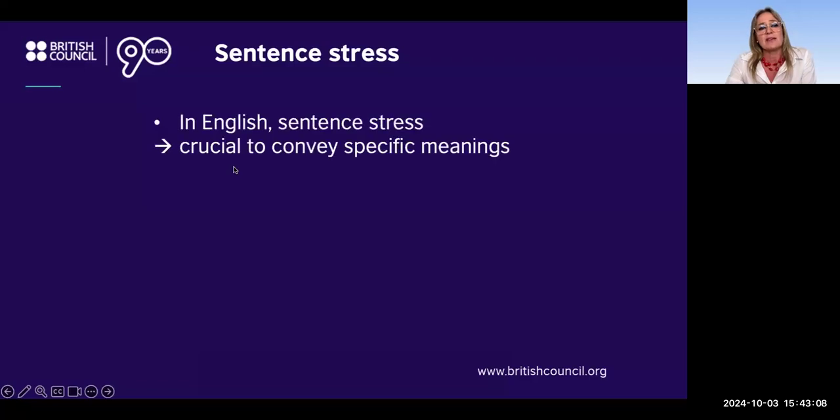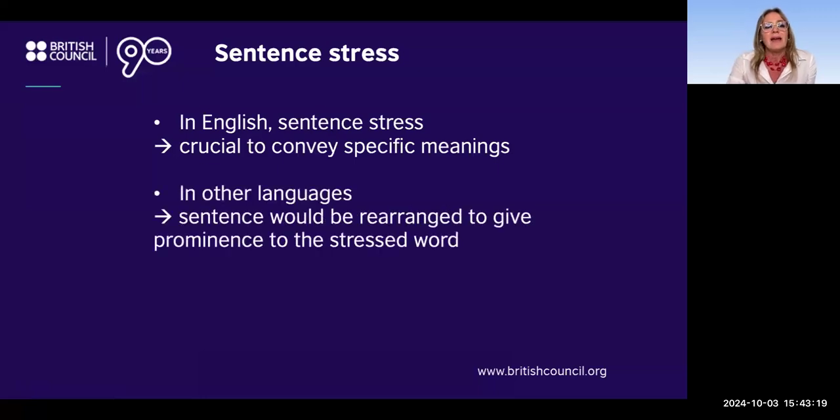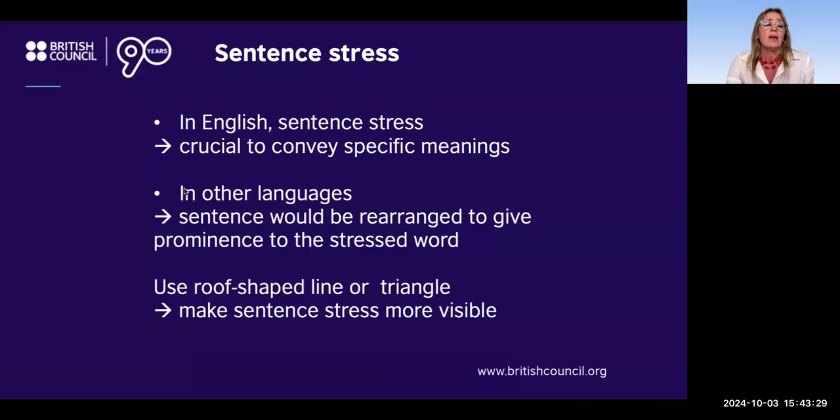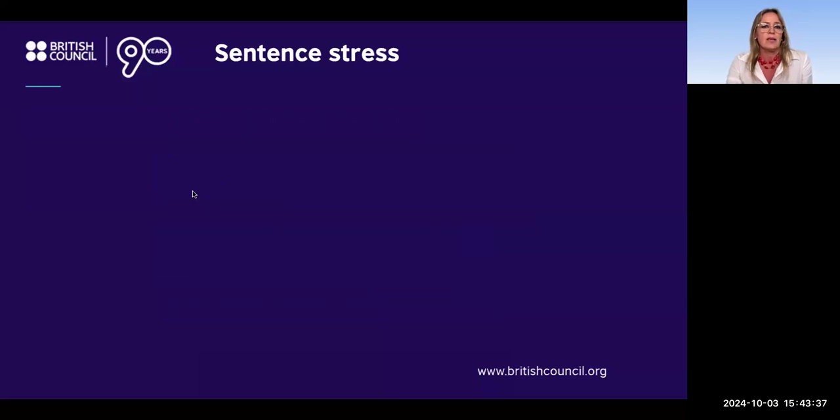And sentence stress. Sentence stress is crucial in English to convey specific meanings. In other languages, you would tend to rearrange a sentence structure to give prominence to the element you want to stress. And what we can do is use roof-shaped lines or triangles to make sentence stress more visible.